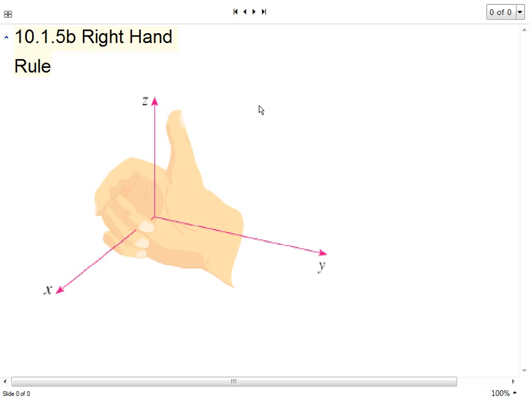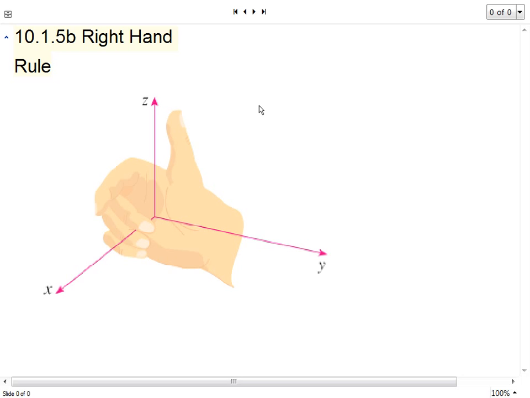So the right-hand rule is a rule that we all agree to. It's the standard in which we draw our three-dimensional space. You start by getting your right hand, and the rule is this. Your fingers should point in the positive x direction.